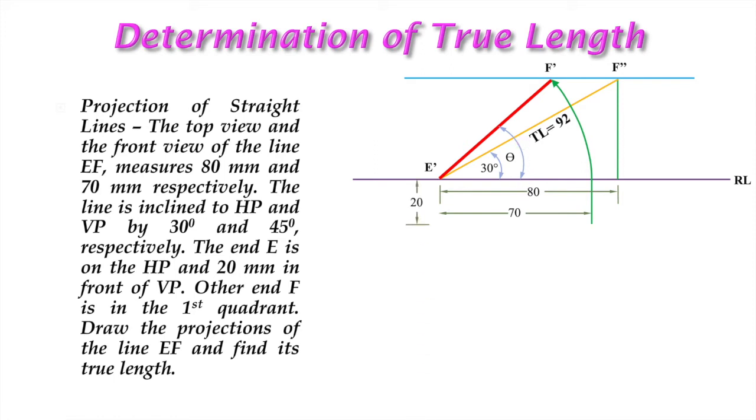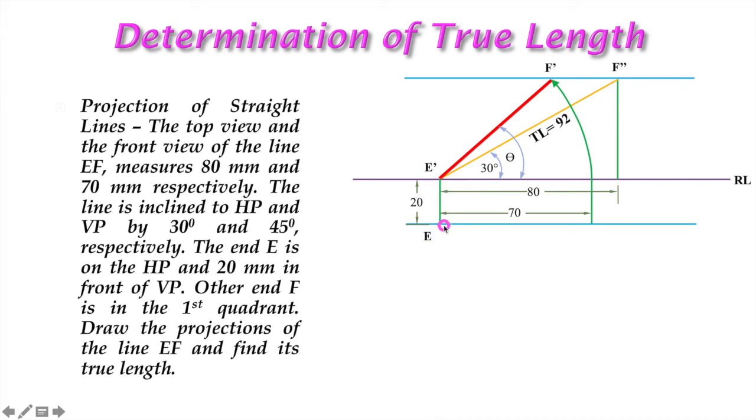Then get the other view of point E dashed, which is 20 mm in front of VP. So at a 20 mm distance, take the line. Our other view of point E should lie on this line. So it is E, using this projection line.